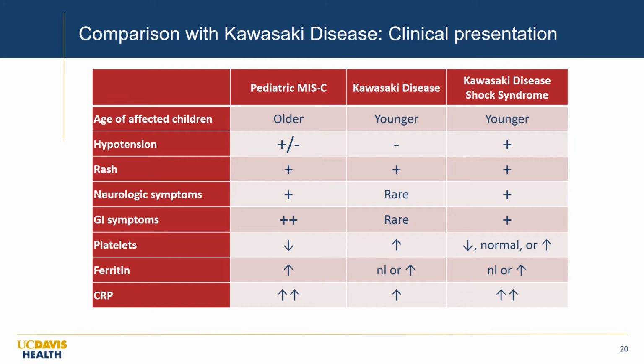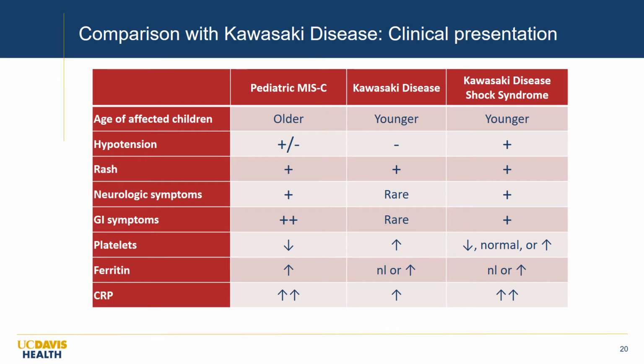In this table, I've compared the findings that we see in pediatric MIS-C to children with Kawasaki disease and then Kawasaki disease shock syndrome. So as I discussed earlier, the patients with MIS-C tend to be older, up to age 20. They may or may not have hypotension. In Kawasaki disease, we rarely see that unless they are in that subset with the shock syndrome.